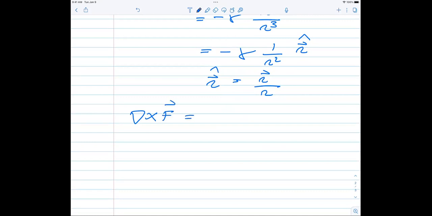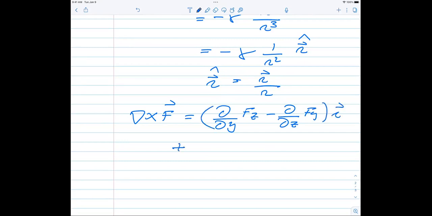And this quantity is now given if we write out the different components. So this is going to have a d/dy of f_z minus d/dz of f_y, and this is the x component.